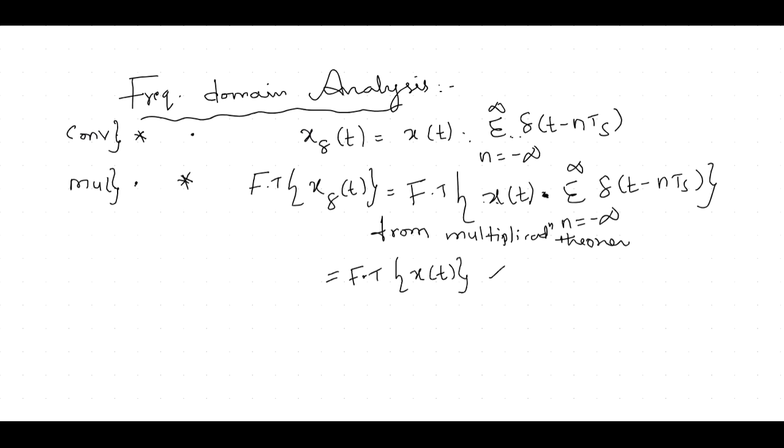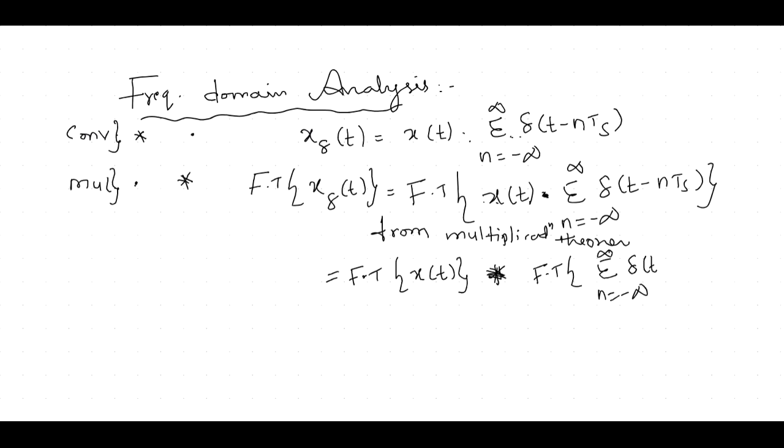Convolution, not direct multiplication. Individually, multiplication is not possible. Convolution. This is convolution symbol. Convolution of first signal with Fourier transform of second signal. If two signals are multiplied in time domain, then corresponding spectrums are convolved in frequency domain.